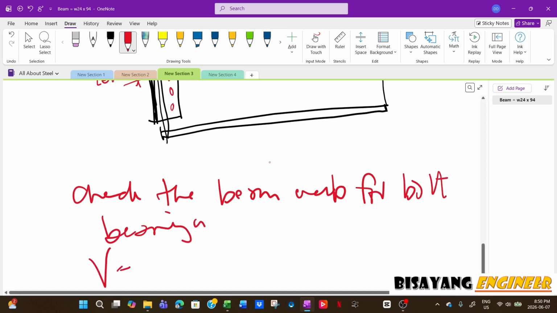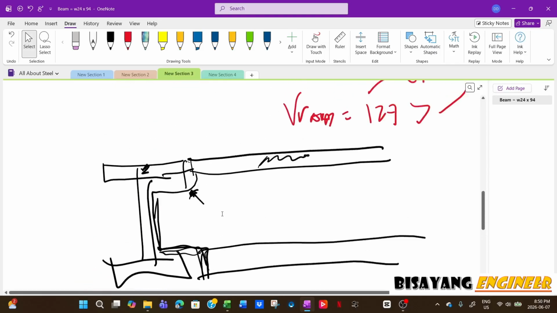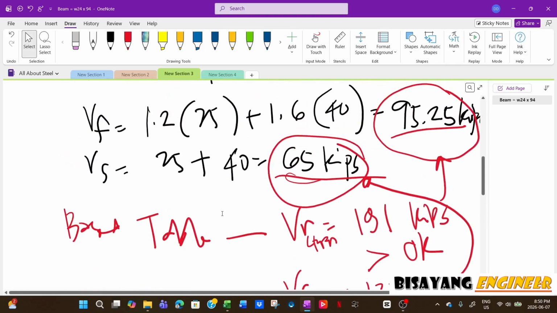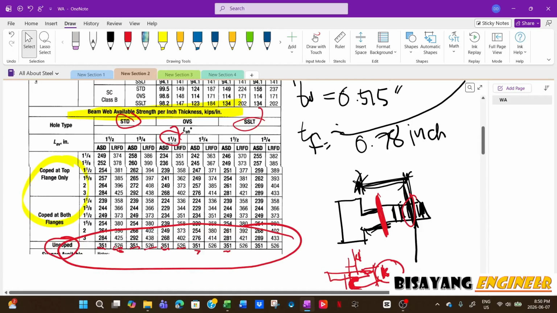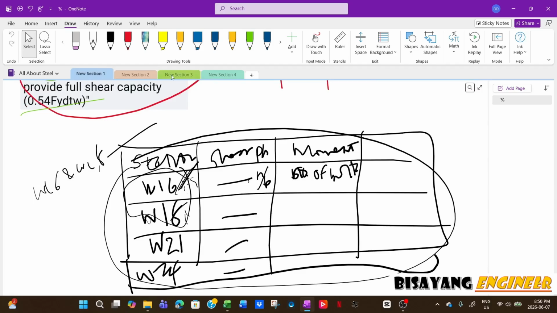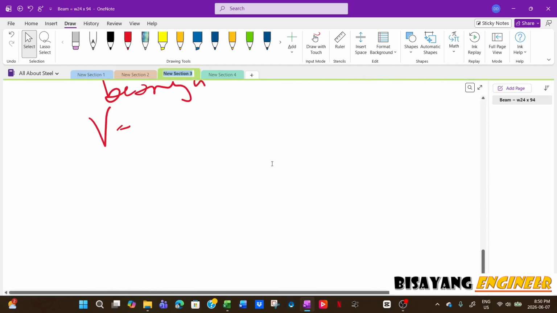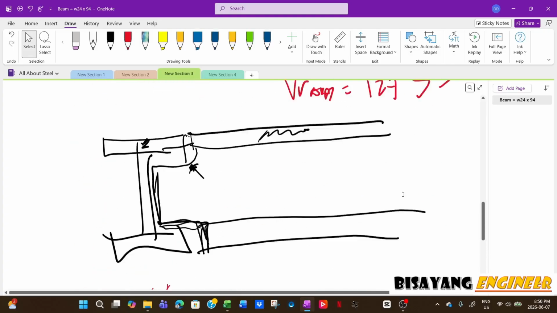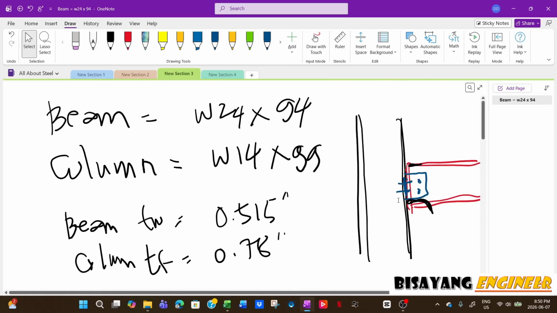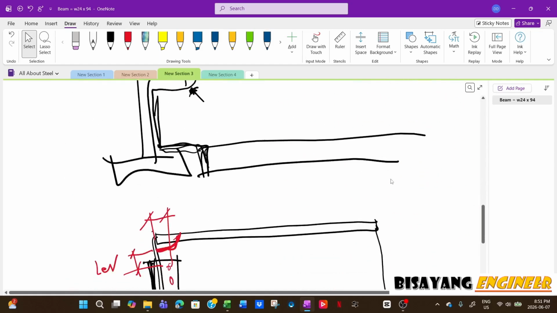The capacity is 526 kips per inch of the web, but what is our web thickness? It's 0.515.